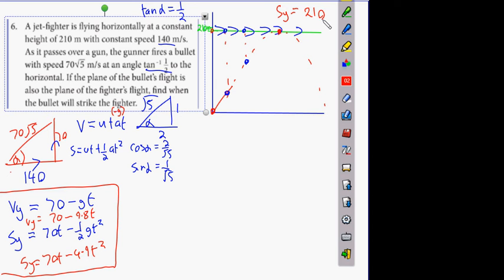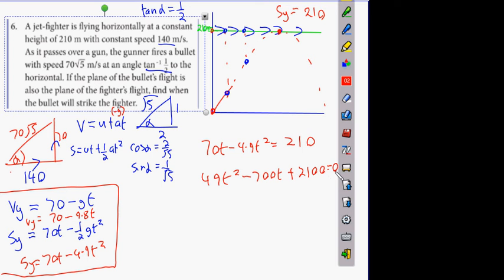So Sy being this equation here must equal 210. I'm going to multiply both sides by 10 and then bring this over to one side. So I'm going to get 49t squared minus 700t, brought it over here, so that's plus 2100.